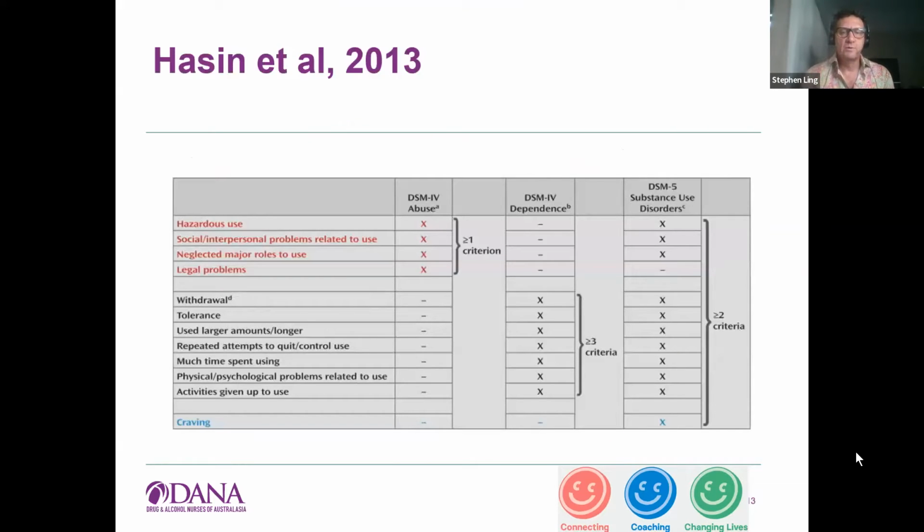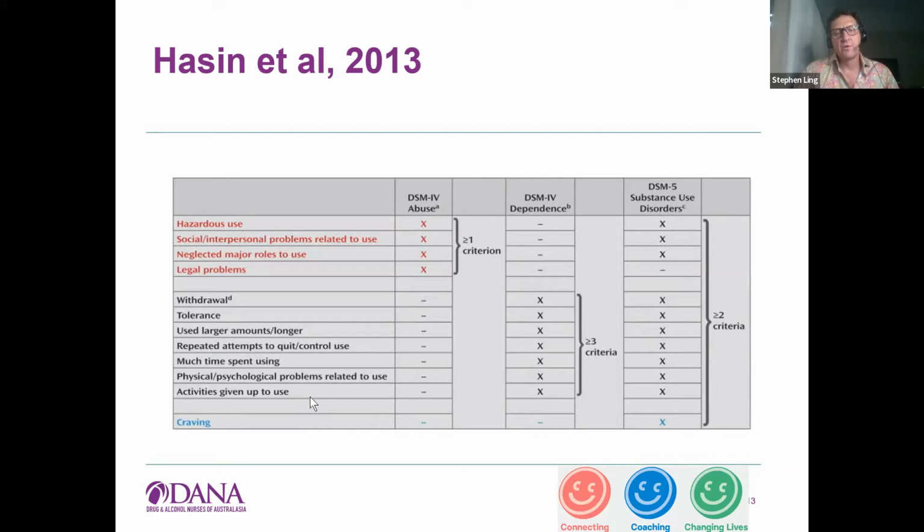It's important for us all to have a bit of an understanding around what a substance use disorder might actually mean when we're discussing any of the substances that we manage in the drug and alcohol sector. If we look at a table developed by Hassan and colleagues from 2013, when comparing the DSM-4 with the DSM-5, the DSM-4 has many of the criteria that is currently covered by the ICD-10.